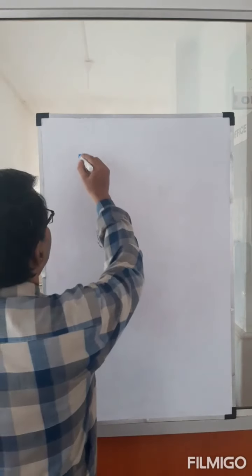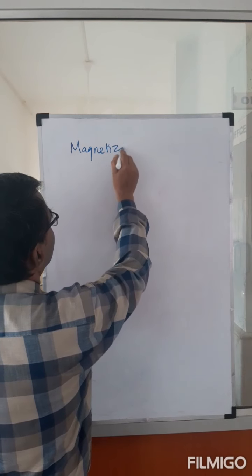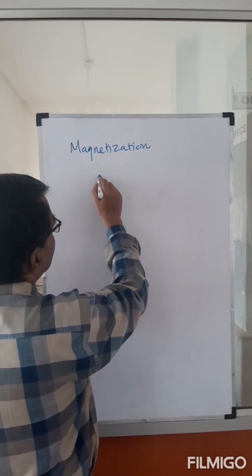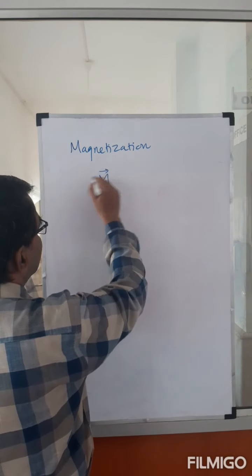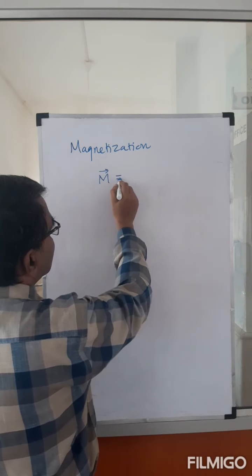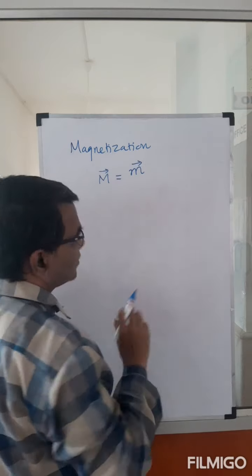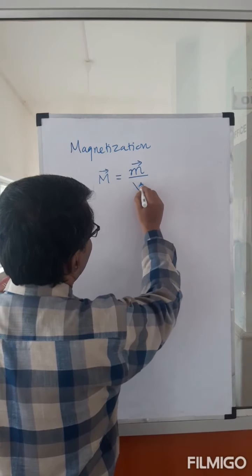So what is magnetization? Magnetization is denoted by capital M. It's again a vector quantity, and it is equal to the magnetic moment of that magnet divided by volume.